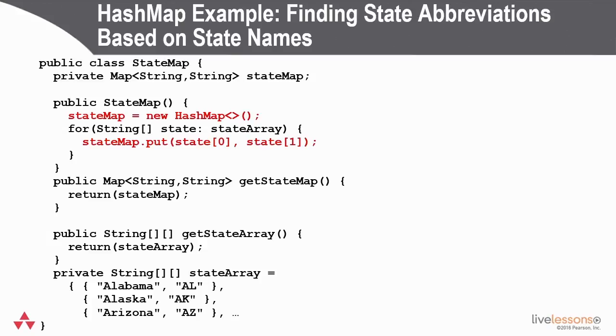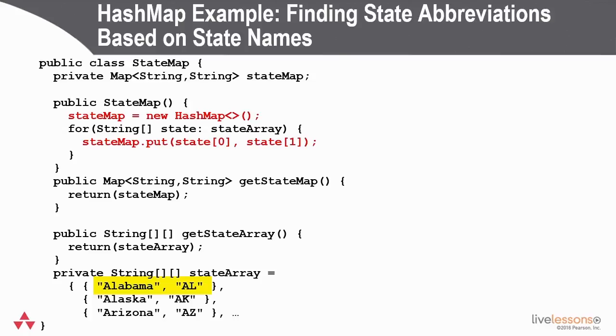All right, so here's a quick example. Suppose I have 2 values, a state name and a state abbreviation, like this. And I have them, say, stored in arrays right now. If I'm just going to look up those entries a few times, I could just leave them in the arrays. I could just loop down the arrays and compare to the first entry of the subarray until I find the value I want.